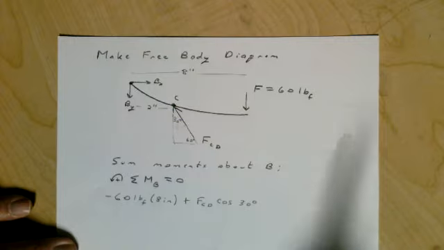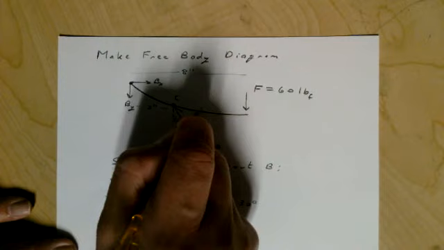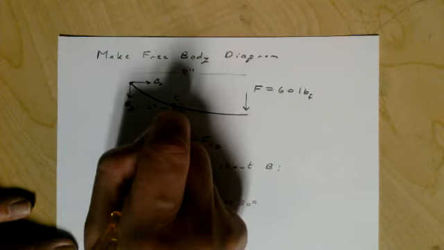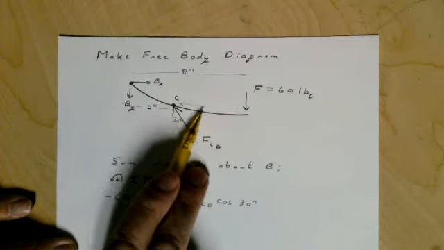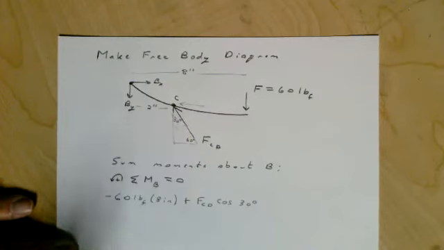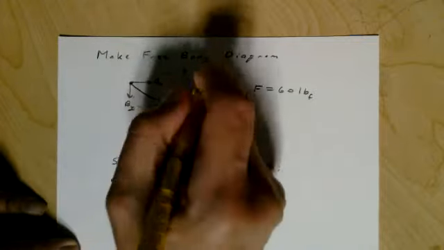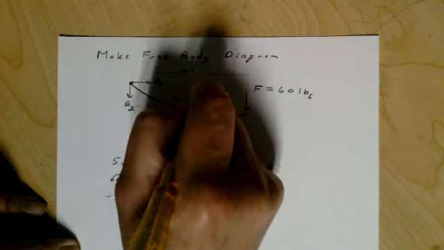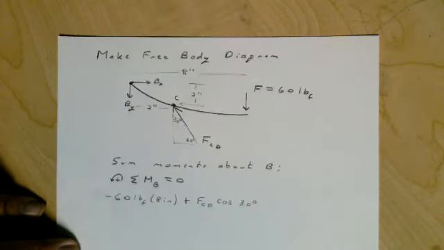Now, unlike the last problem, the other component does not pass through B, so we're going to have to do the other component of FCD as well. So it's going to be this one here. And looking at our picture, it looks like that's also at 2 inches for a moment arm.